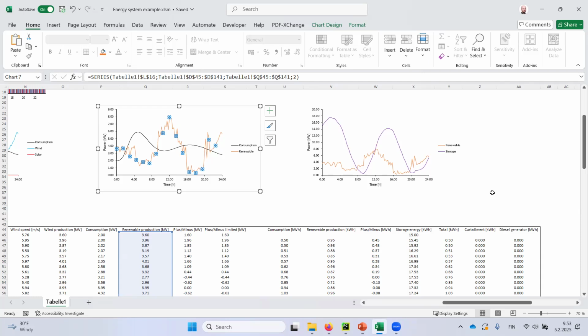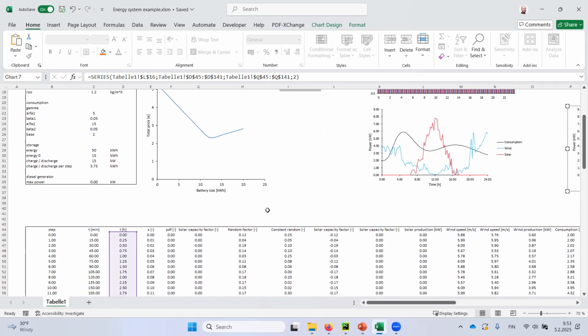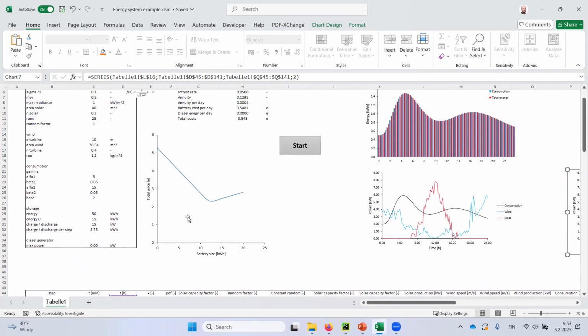So the wind is going to blow and the sun is going to shine. They are fixed in here. And what we're after is how much the diesel generators have to be dispatched in there.